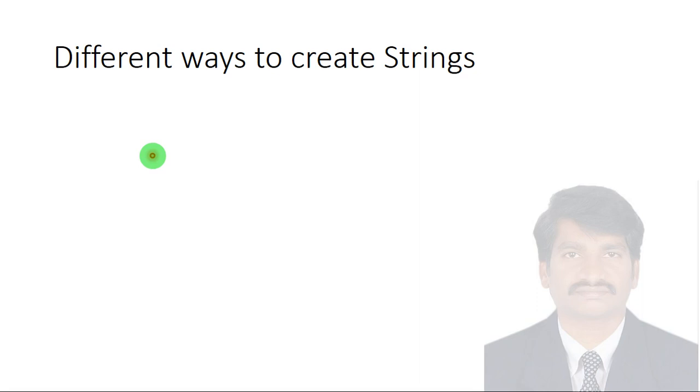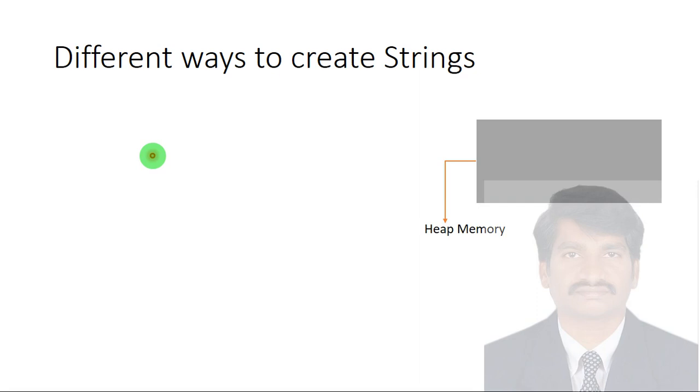Let me repeat guys. String constant pool is a sub part of the heap memory. It is reserved only for strings. It is something like this. This is my heap memory. Inside we have a separate part which is reserved only for strings. That is called string constant pool.